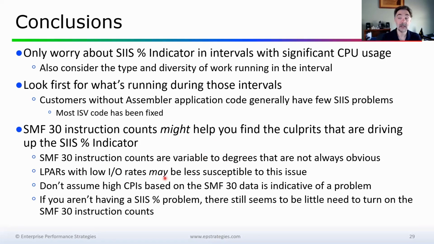LPARs with low IO rates may be less susceptible to that issue, but you can't just assume that high CPIs are indicative of a problem, especially if you know those address spaces are doing things like compression or encryption, because those address spaces are going to have high CPIs anyways. And if you don't have a SIS percent problem, I think there's probably little reason to turn on the SMF 30 instruction counts unless you just like taking a look at it.